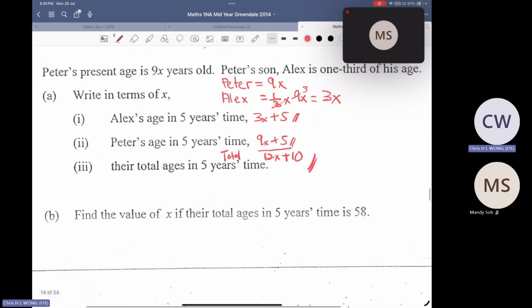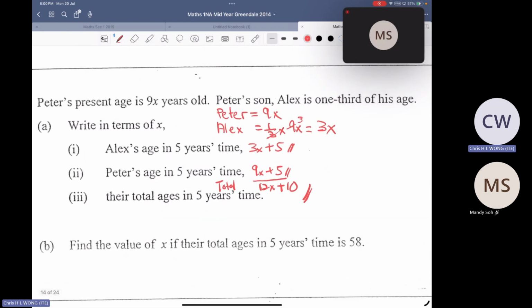Now, can you do for me B? Find the value of x if their total age in 5 years' time is 58. So how do you form the equation? In 5 years' time, their total age is 58. Can you form the equation for me and find the value of x? How do you do? How do you form the equation?